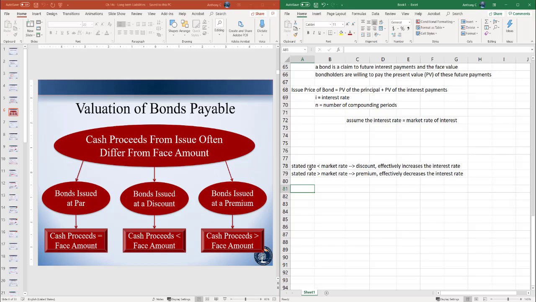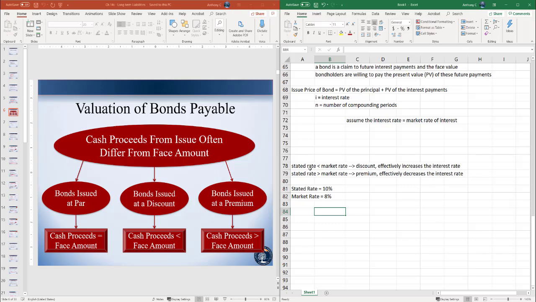So to consider the situation of a premium, let's say our stated rate is 10%, and now the market rate is, say, 8%. If someone decides to buy our bond, all else equal, we are paying 2% more in interest than the market is.